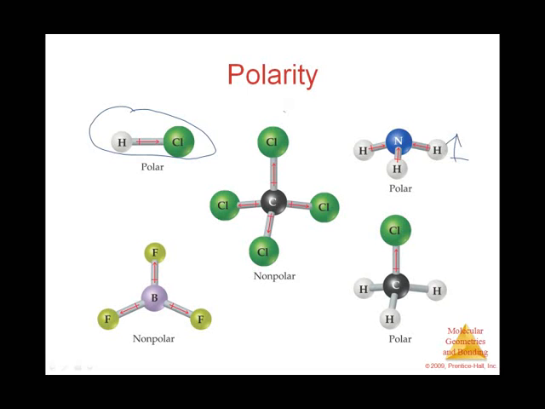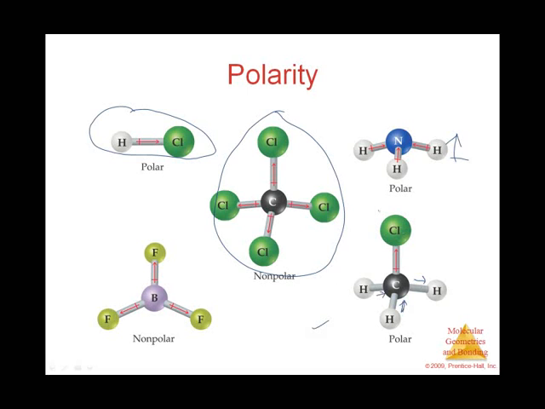I can take this same nonpolar molecule here, and I can change one of the atoms, and now I have a polar molecule, because chlorine is more electronegative than the hydrogen. So these are smaller, right? And this becomes polar.